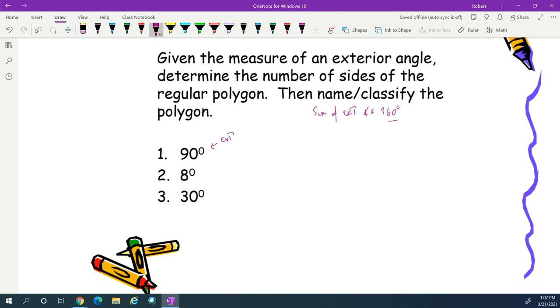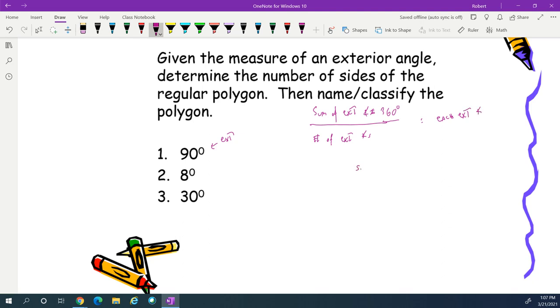If we divide by the number of angles, well, if the sum is 360 and we divide by the number of angles, that would tell us each exterior angle.